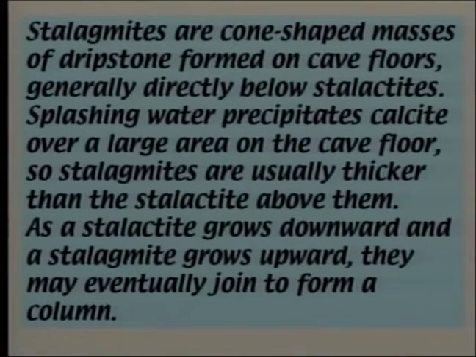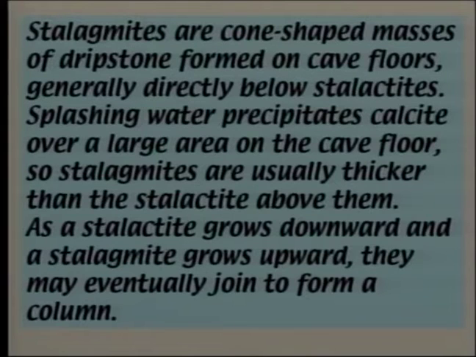Stalagmites this time are dripstones also, but they are cone-shaped masses of dripstone formed on the cave floors. And you will tend to find them formed directly below the stalactites. So the stalactites are coming from the ceiling down, and directly below, on the cave floor, the stalagmites are formed.